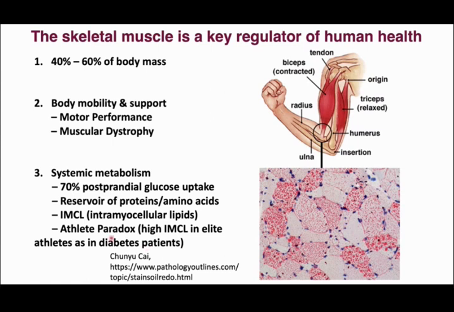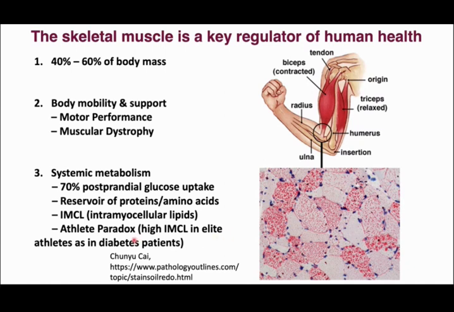I'm sure a lot of pathologists know this phenomenon called the athletic paradox, which refers to the fact that some elite athletes actually have elevated content of lipid droplets in their muscle, while diabetic patients also have elevated lipid droplets in their muscle.